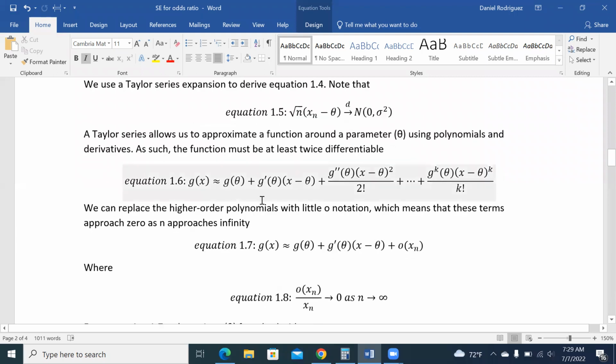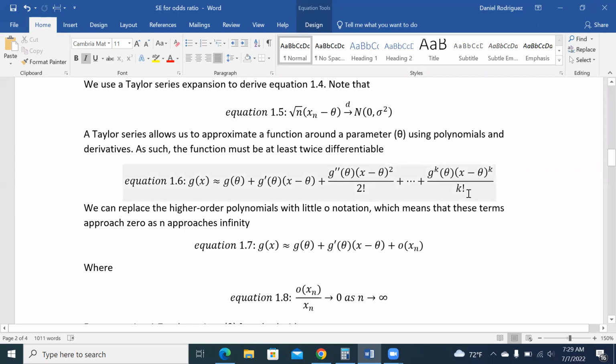So let's use a Taylor series expansion. This Taylor series allows us to approximate a function around some parameter using polynomials and derivatives. You know, we can do squaring, cubing, etc. I note that it should be at least twice differentiable. That means you could at least take 2 derivatives of it.